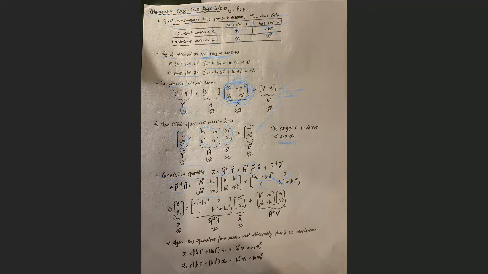Then we get Z1 and Z2, which are called decision variables because we want to make decisions based on these two. And then the fading matrix in the middle becomes a scaled identity matrix, and you get a bunch of noise here.